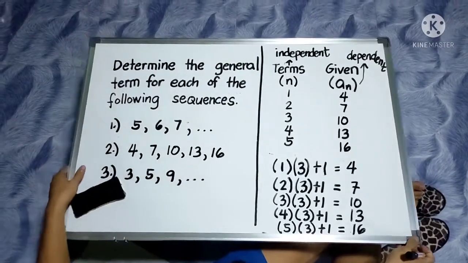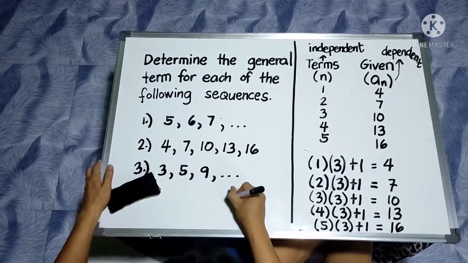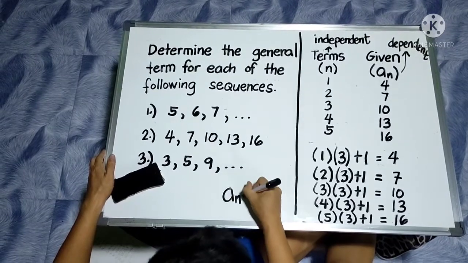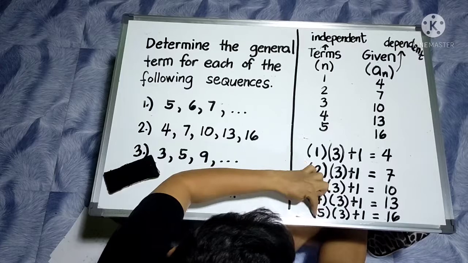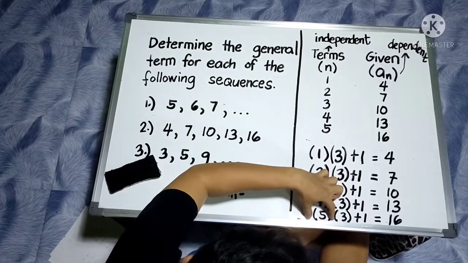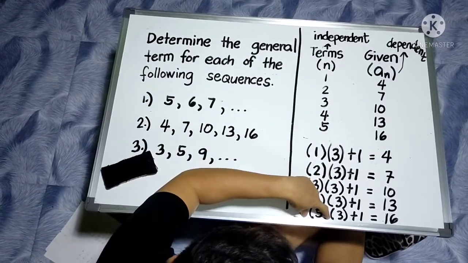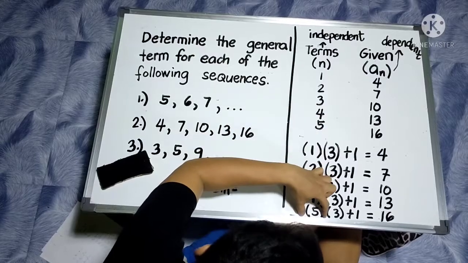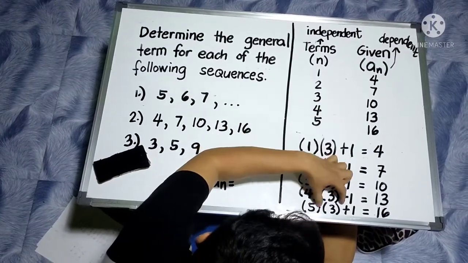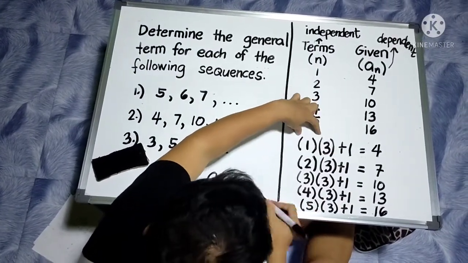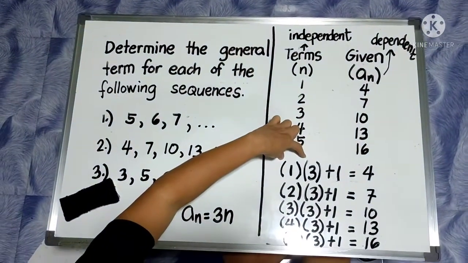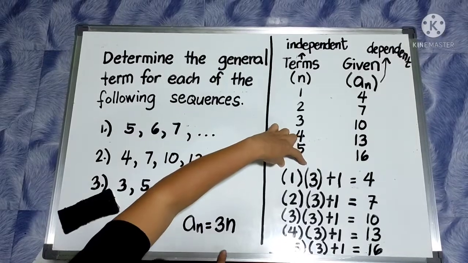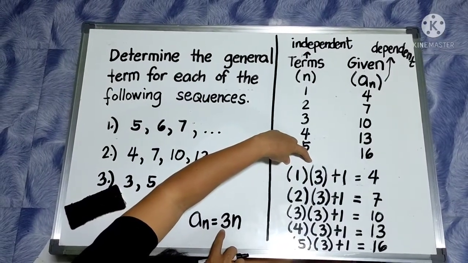We can now get the general term. So your a sub n is equal to 1, 2, 3, 4, and 5 are your values of your n, right? So your values of your n are multiplied by 3. So that is 3n. Okay? So you will write first your numerical coefficient 3.